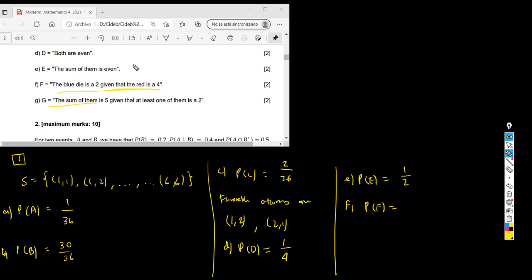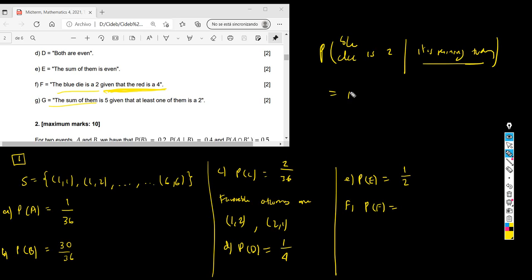But if you notice, guys, this has nothing to do with whether the blue die can be a 2 or a 3 or a 4 or whatever. It makes no difference. Imagine that I ask you, what is the probability that the blue die is 2, given that it's raining today? This makes no difference.